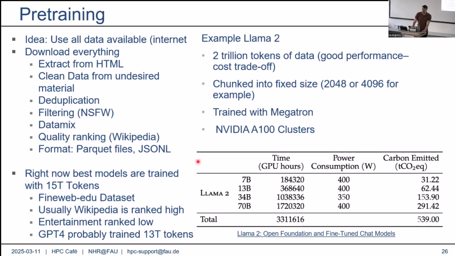There are open data sets also like RedPajama or FineWeb-Edu. I looked into RedPajama and they really have the whole internet. I saw websites there. I thought, okay, so that's almost everything. They even have really niche German websites. Everything was in this pre-training data set. So be careful what you put online. You will probably get trained on today.